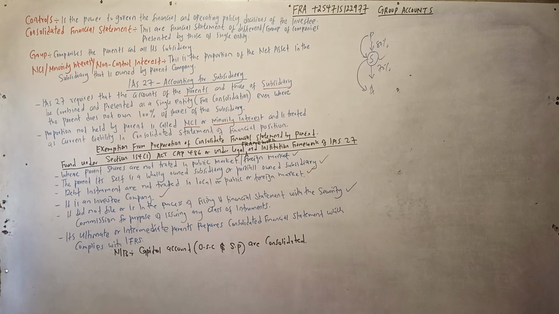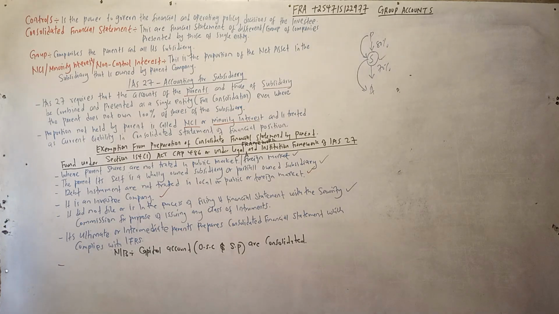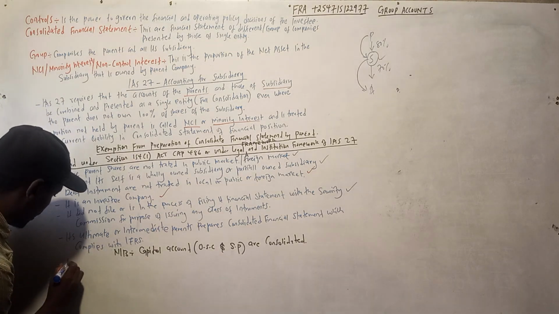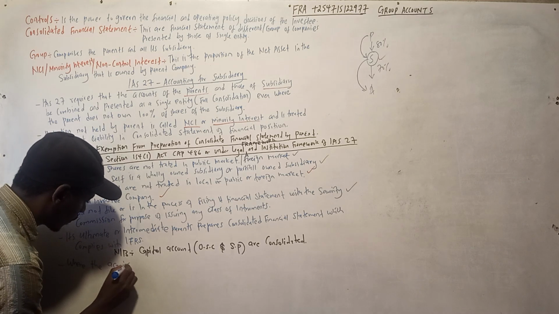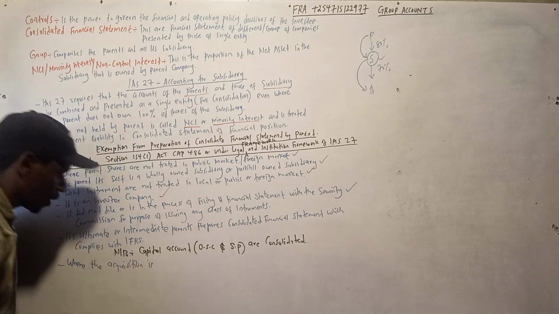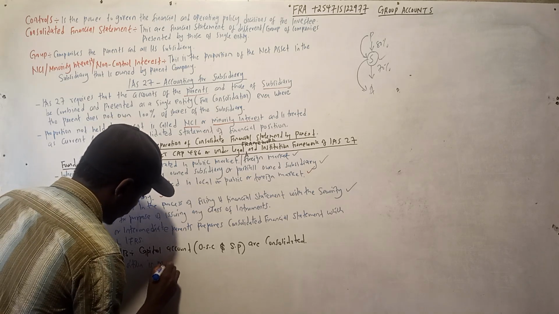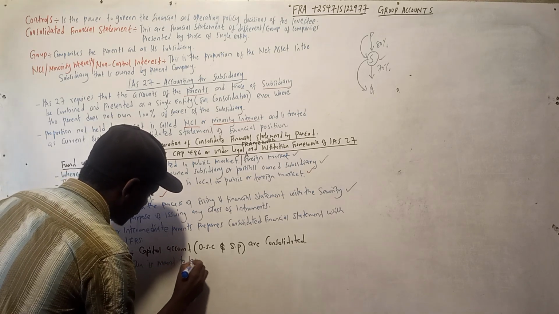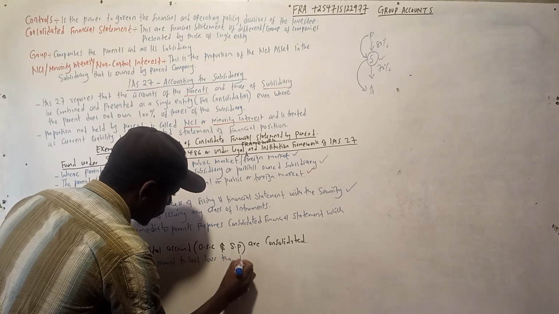Another reason where the company cannot prepare the group financial statement or the consolidated statement is where the acquisition is made to last less than 12 months.